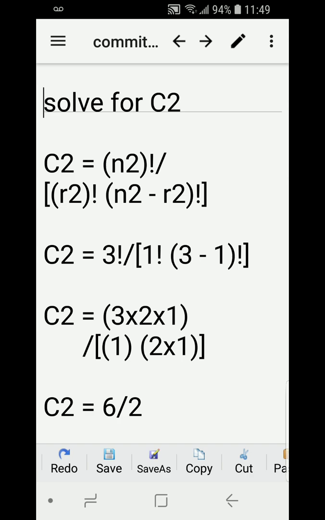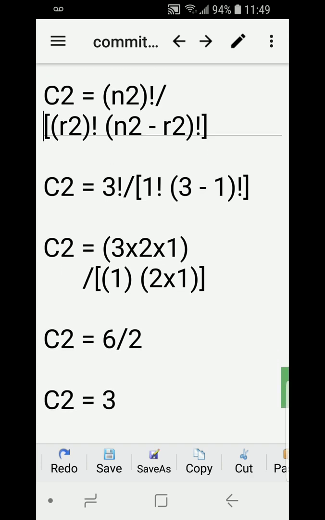So C2 is equal to 6 divided by 2, and we get C2 equals 3. So 3 is the number of ways in which one mechanical engineer can be selected from 3 mechanical engineers.